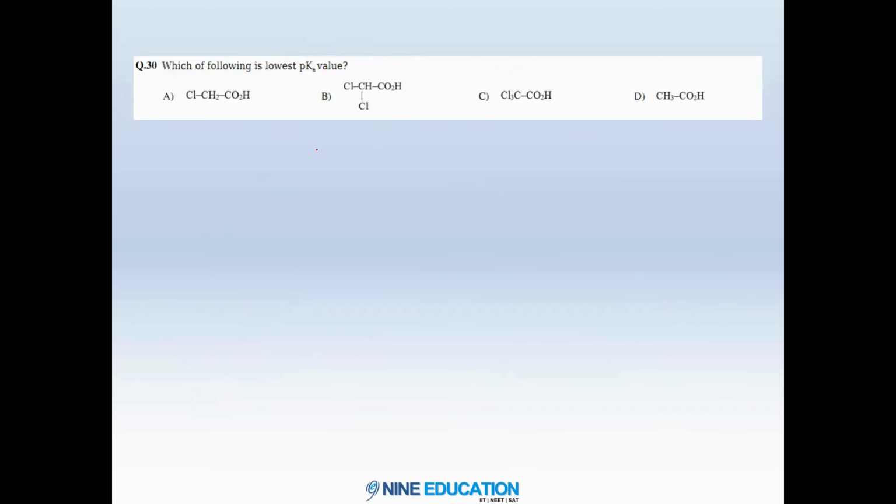Similarly, lowest pKa. The lowest pKa means we are expecting the highest acidic nature. So when you have the highest acidic nature, the pKa will be as low as possible. Here we are talking about the chlorine substituents of carboxylic acid. So C double bond O, OH. Here they are substituted. So if the substituent is taking the electron density, naturally this OH bond will also be pulled, and the H plus releasing will become easier.